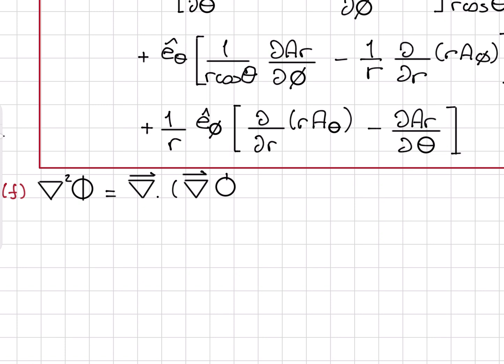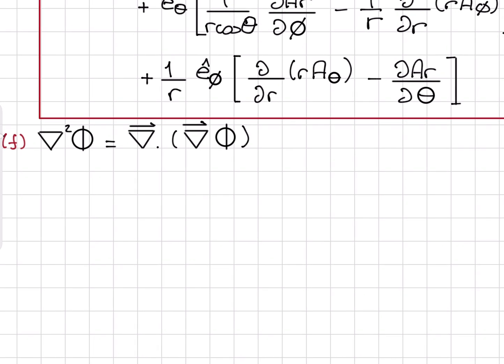Okay. Now we already know what the gradient is and we already know what the divergence is, so let's apply this knowledge from the previous part. We're going to take the divergence of the following.